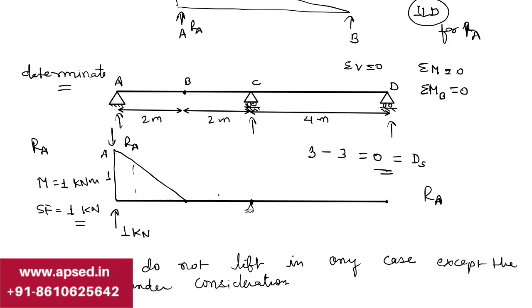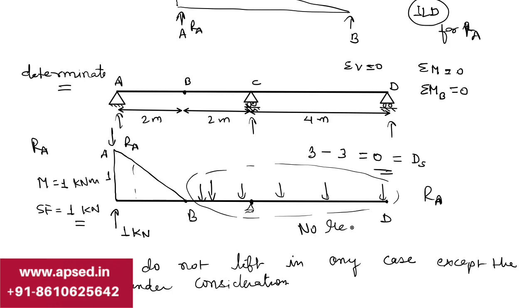So it means that if we apply the load anywhere between B and D, at C, at D, anywhere in this part, there will be no reaction at A. So this you should keep in mind.